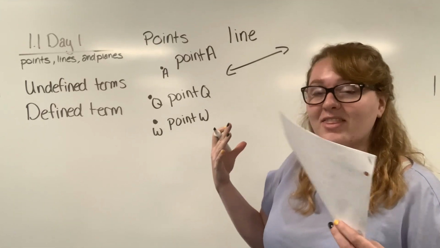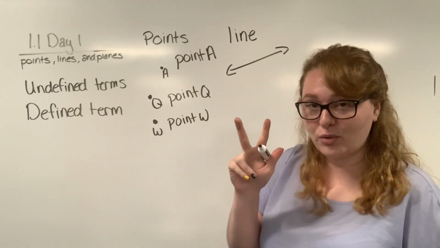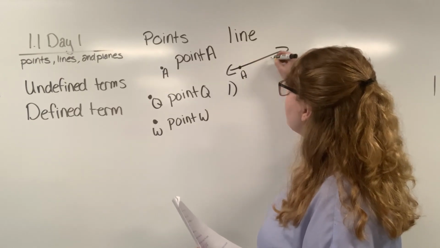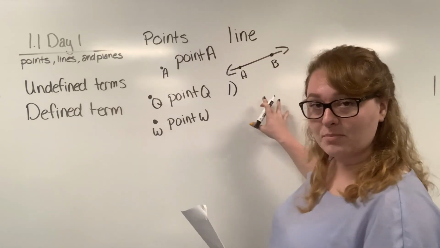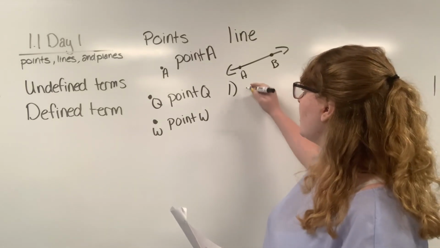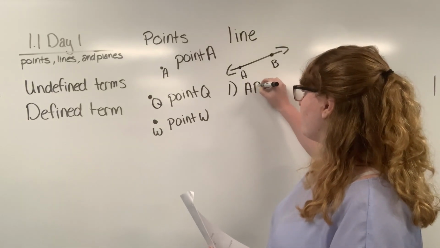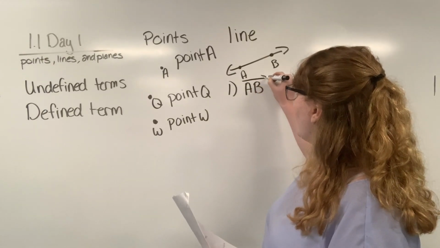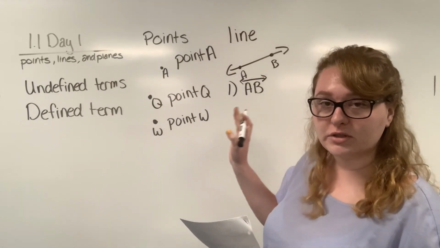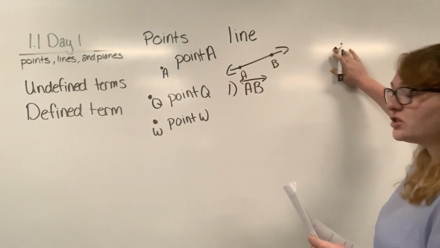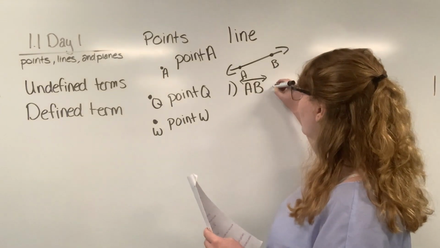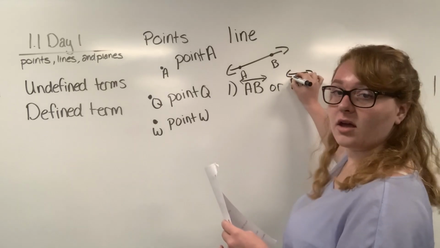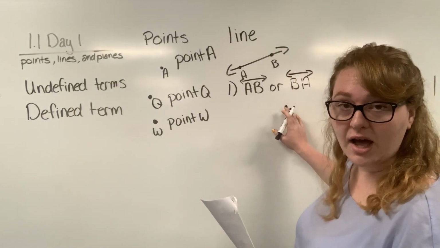So the way that we name a line, there are two ways. Okay, so way number one is if there are points on this line, like A and B, then you would just say A, B with your capital letters, and you would draw something that looks like a line over top. But you don't have to just go left to right. This line could also be B, A, again with the arrows over top.